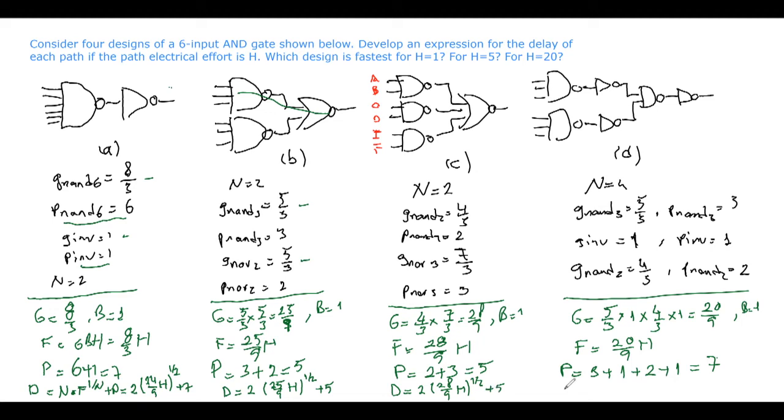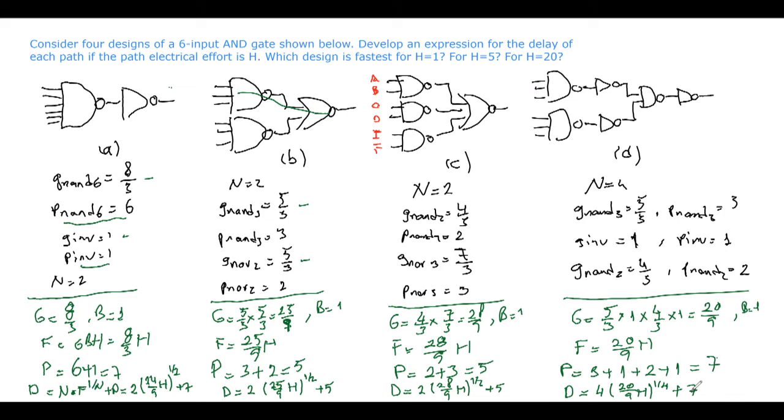And for the last one, D is equal to, in this case, we have 4 stages. So N is 4. 4 times the expression was 20 over 9 h to the power 1 over 4, plus the parasitic delay, which is 7.